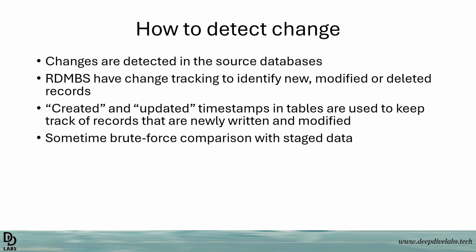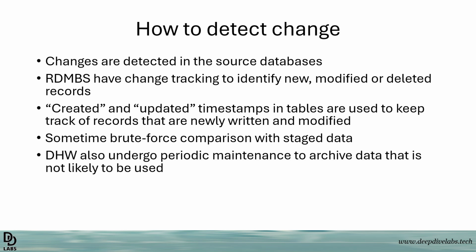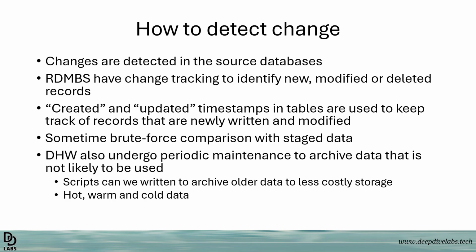and then load. Typically a data warehouse also undergoes periodic maintenance to archive data that is not used as often. This is where we tend to call data hot, warm and cold data, especially when you are using cloud storage.